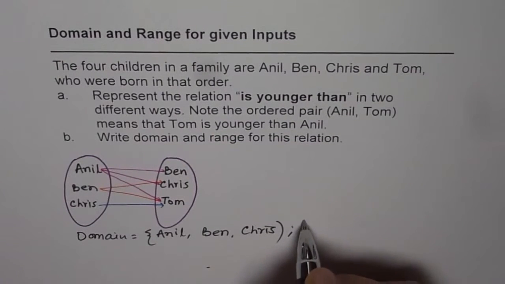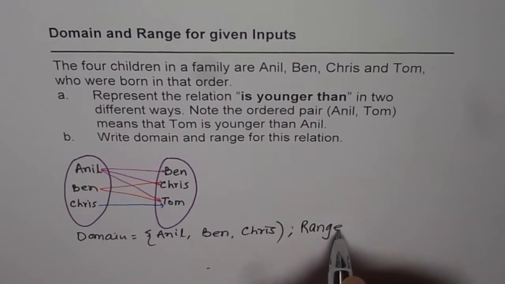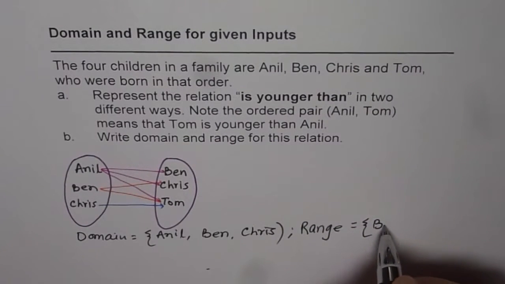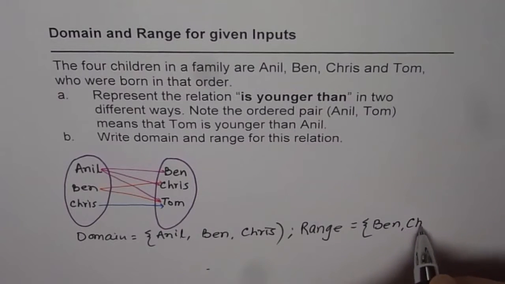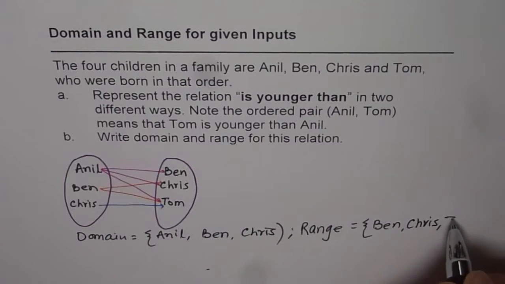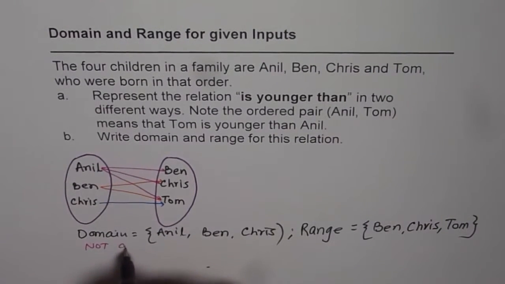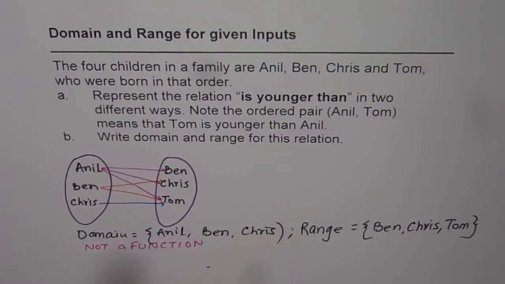So we have range as equal to the set of Ben, Chris, and Tom. So that is the domain and range for the given relation. And we know that the relation is not a function, since Anil is associated with more than 1.